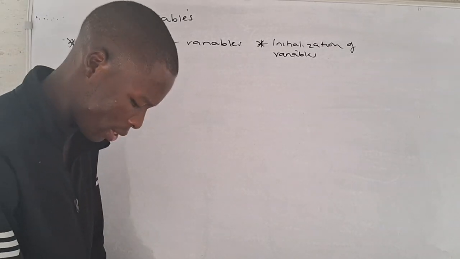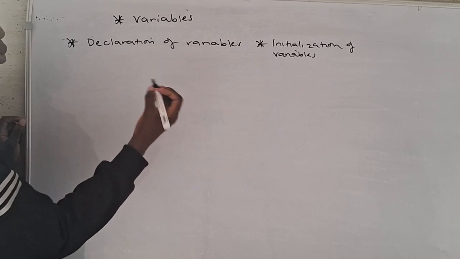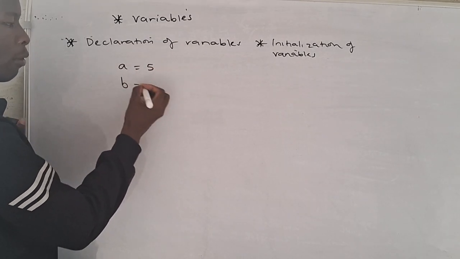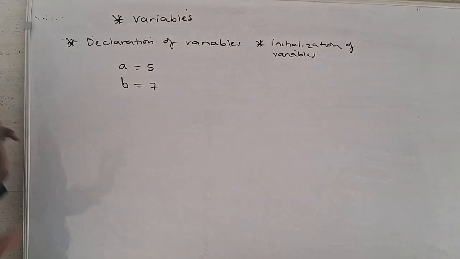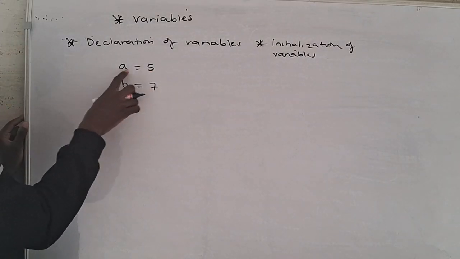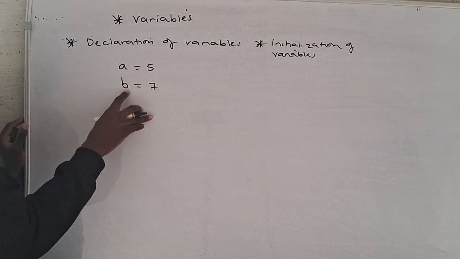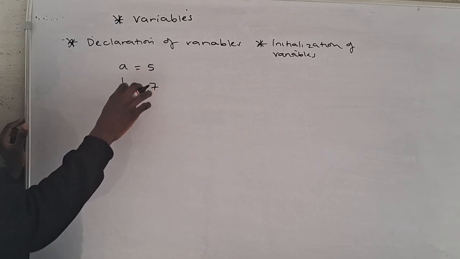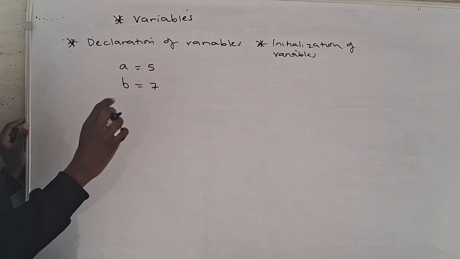What I'm trying to say is this. Let's say you have two variables, A and B. Suppose A is storing 5 and B is storing 7. 5 is an integer, and this 7 again is an integer. So these two variables are storing integers.